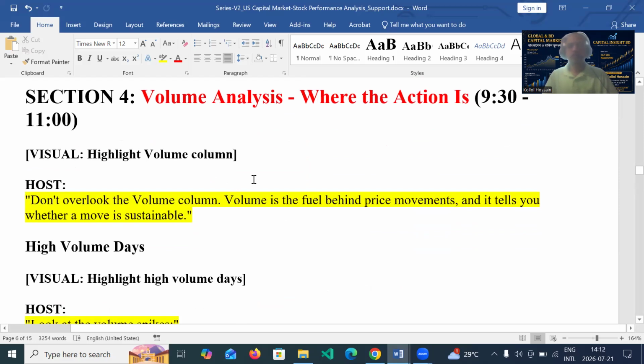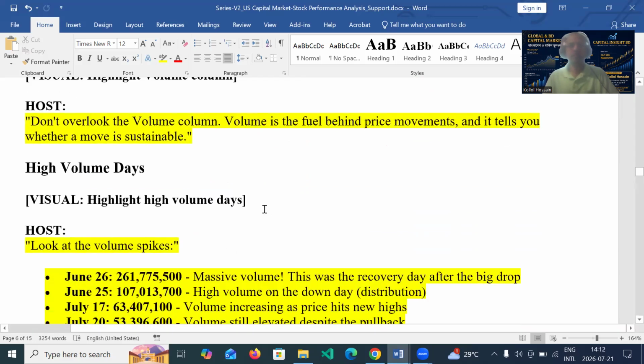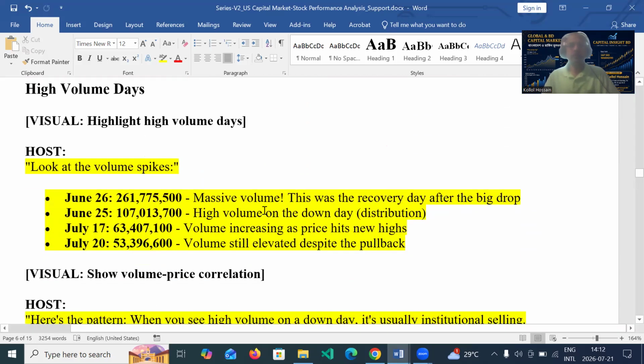Don't overlook the volume column. Volume is the fuel behind price movements, and it tells you whether a move is sustainable. Look at the volume peaks: June 26, June 25, July 17, and July 20.